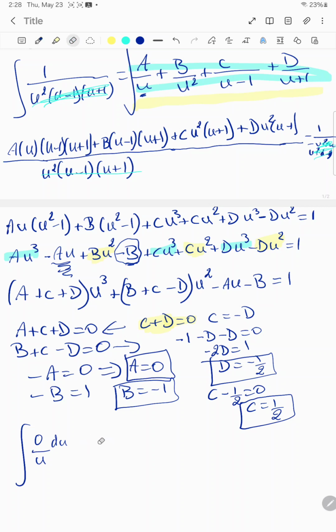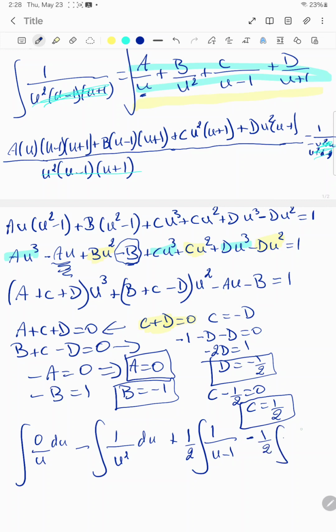I will put minus integral of 1 divided by u squared du, plus my c is equal to 1/2, so I can take the 1/2 outside my integral, become 1 divided by u minus 1, and my d is equal minus 1/2, so I will put minus 1/2 outside my integral, and it will become 1 divided by u plus 1 du.